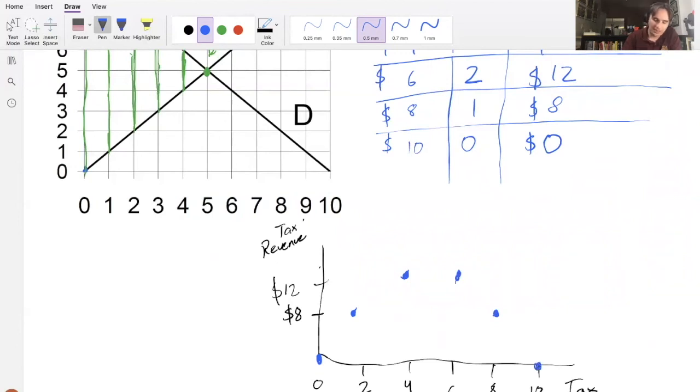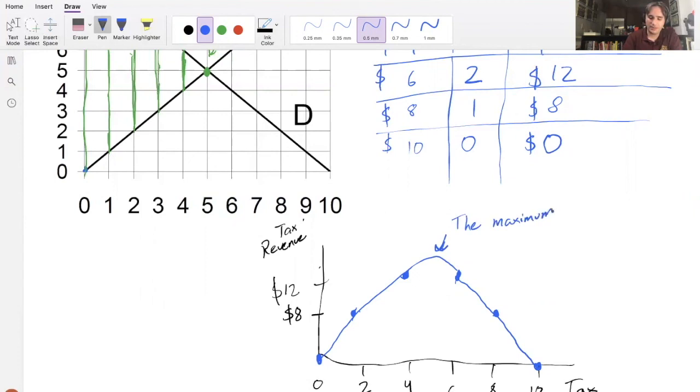What actually happens is that the curve is a parabola, and the highest point of tax revenue happens at tax equals 5. This point, the top of the Laffer curve, is the maximum possible revenue.